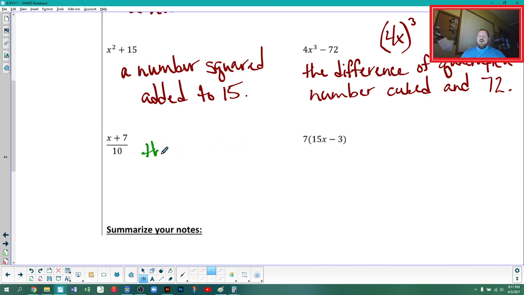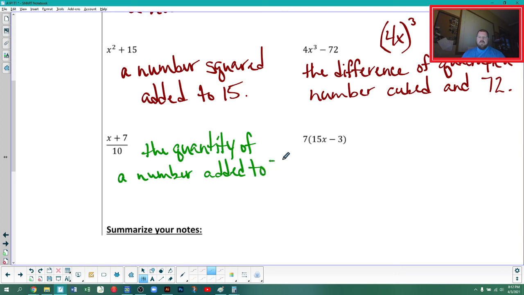We might say the quantity of a number, added to 7, and then I might even build in the pause with a comma there, and then I would want to say that I want to take that quantity and divide.